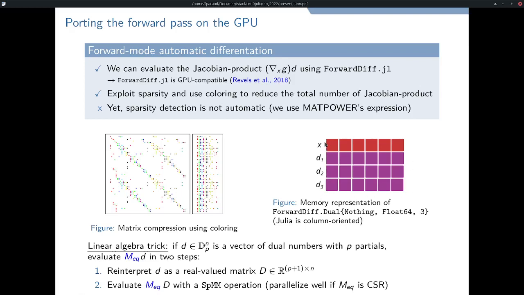Then we evaluate the product SpMV as an SpMM operation. If we are on the GPU, this parallelizes quite well if the matrix is CSR.